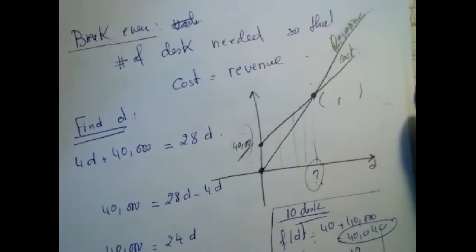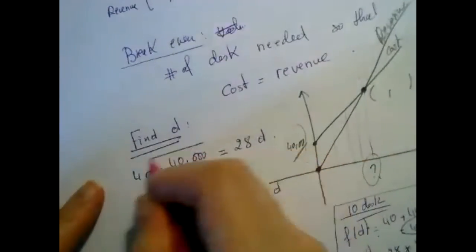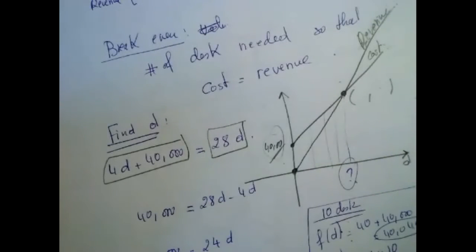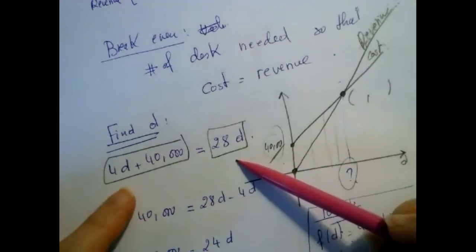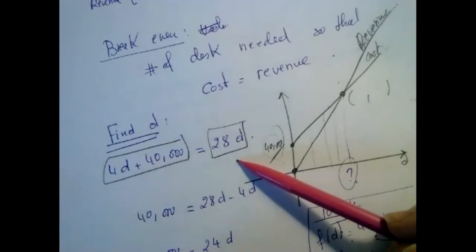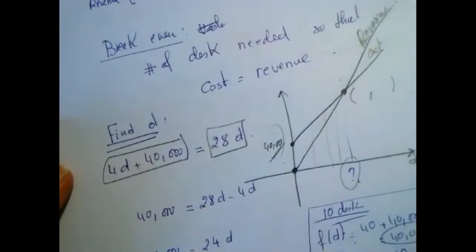But if you find the Y, whether you plug in this equation or this equation, you should get almost the same value, because for this value of D, the cost and the revenue are equal to one another.